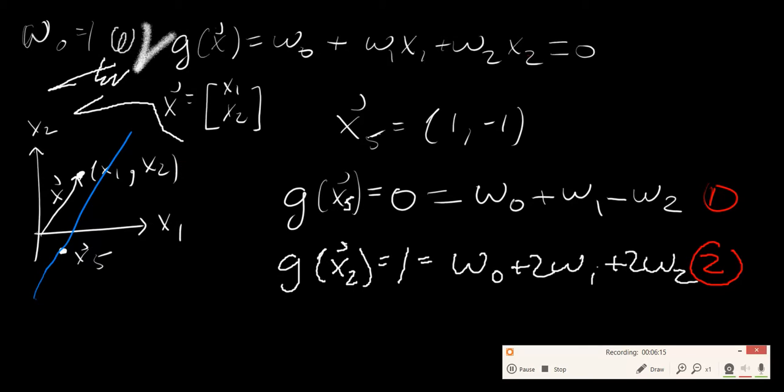So we have these two equations, and you can't solve a system of 3 unknowns with 2 equations, but we can finally use the fact that omega naught equals 1 to knock one of these out. Once you do that and solve the system of equations, you eventually get this solution.